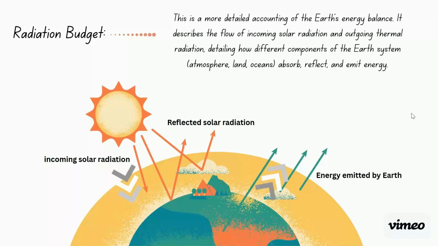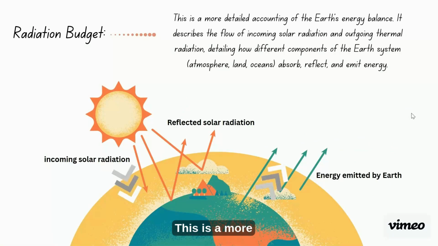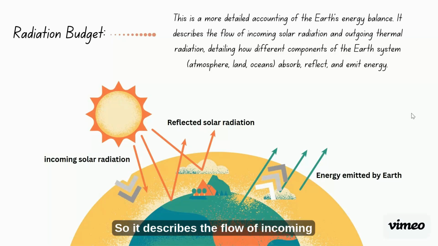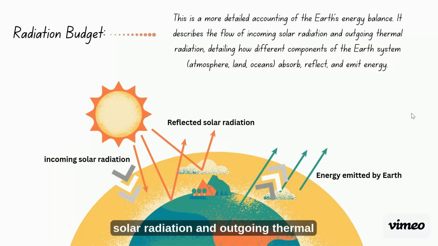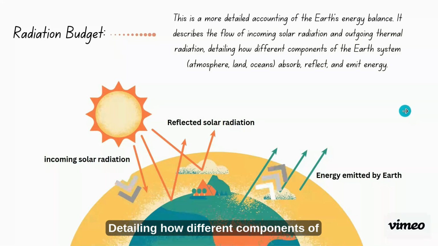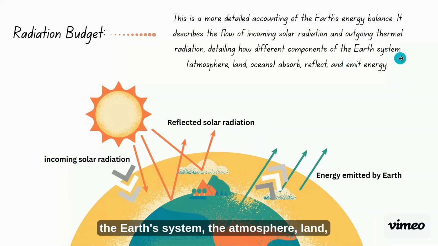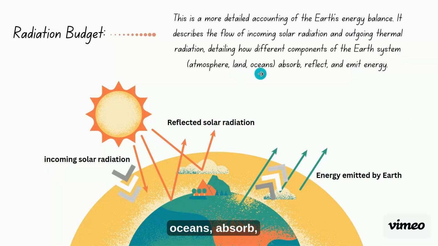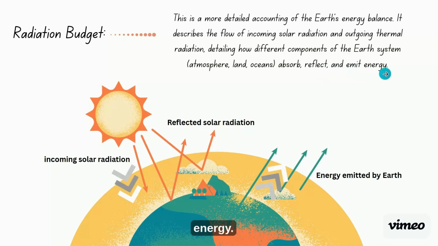Earth's radiation budget. This is a more detailed accounting of the Earth's energy balance. It describes the flow of incoming solar radiation and outgoing thermal radiation, detailing how different components of the Earth system, the atmosphere, land, and oceans, absorb, reflect, and emit energy.